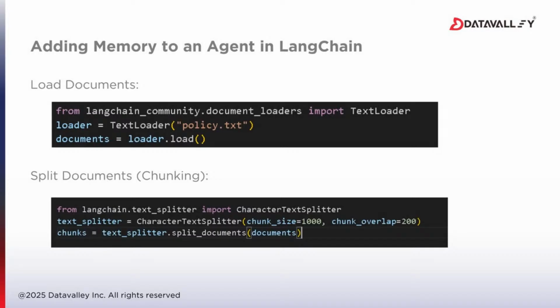That means we are creating chunks of up to 1000 characters and allowing an overlap of 200 characters between consecutive chunks. For suppose, our context window has a limited maximum number of tokens, right?